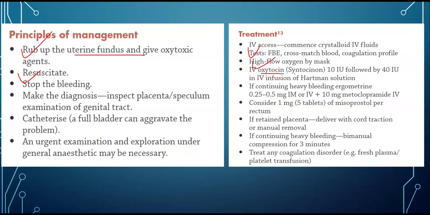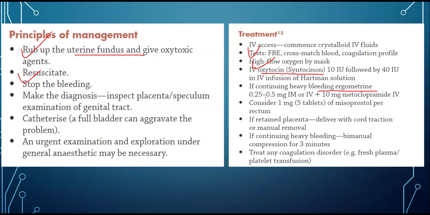You will also start IV oxytocin. And if IV oxytocin itself is not helping, then you will add IV or IM ergometrine. So that's usually how far you need to know the management. There is a lot of management after that, but you don't need to know that.